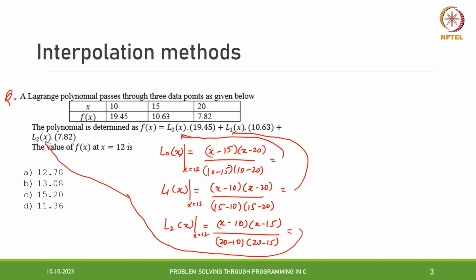So instead of x minus b, it will be x minus all the points apart from 10. So for L0, we are at 10, and we write (x - 15)(x - 20).